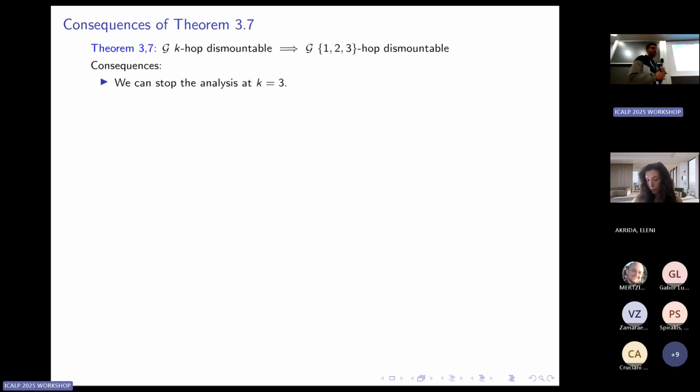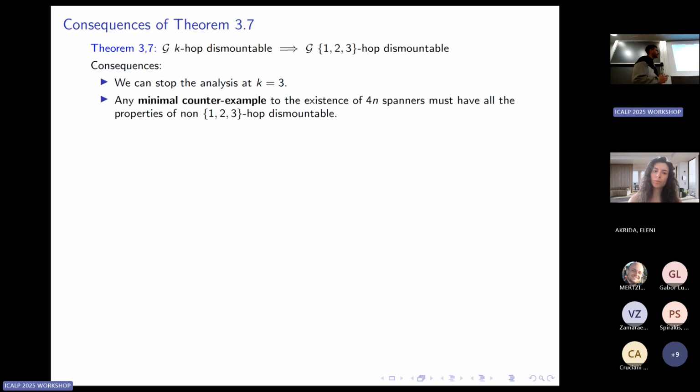The fact that k-op dismountability implies 1, 2, 3-op dismountability has some consequences. The first one is that we can stop the analysis at k equal 3.